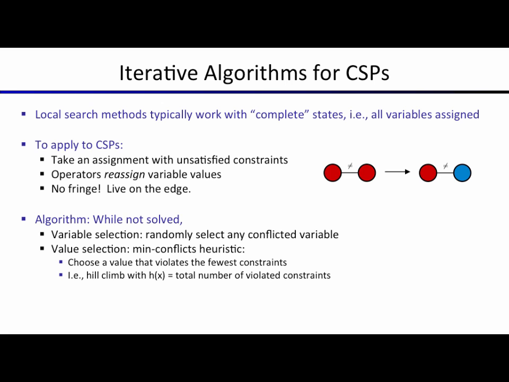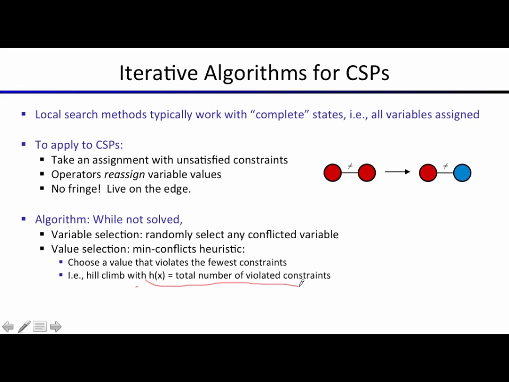Then we look at its neighbors, meaning all the values that we could change that variable to. And out of all those values, we pick the one that will cause the least number of conflicts with the rest of the assigned variables. For those of you who know hill climbing, that's hill climbing where the cost function that we're optimizing is the total number of violated constraints.